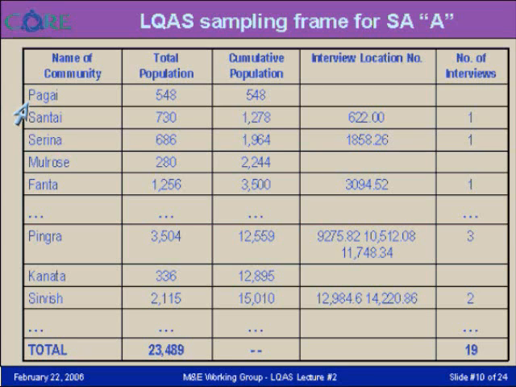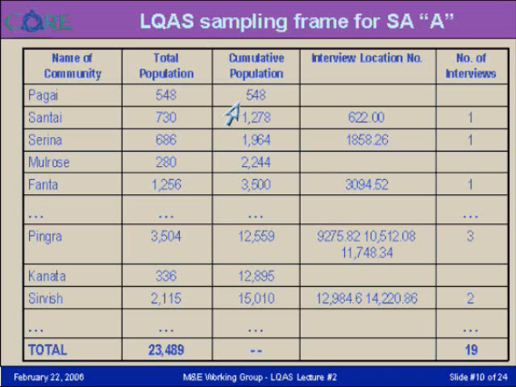The location of the first interview is the first community on the list with a cumulative population equal to or larger than the random number. So for our example, with a random number of 622, we will skip community number 1, which is Pagai, as its cumulative population is less than our random number of 622.